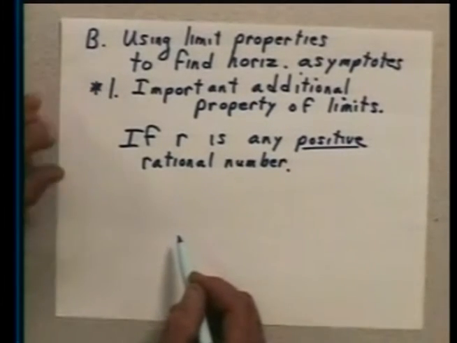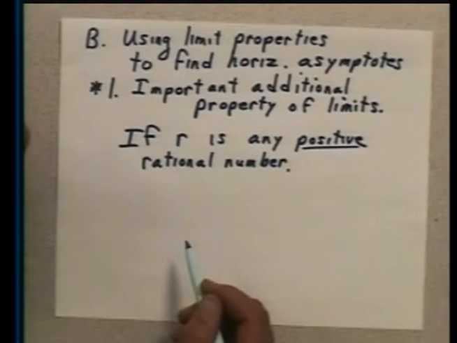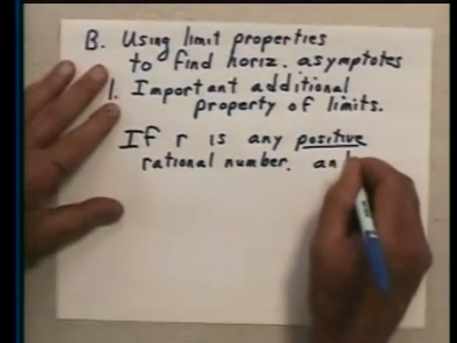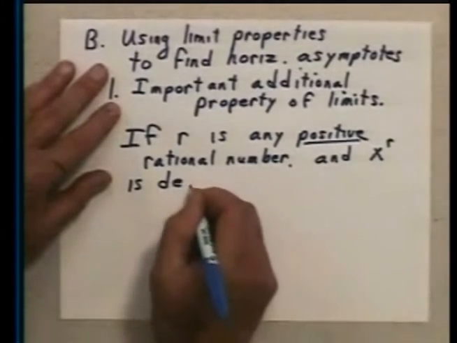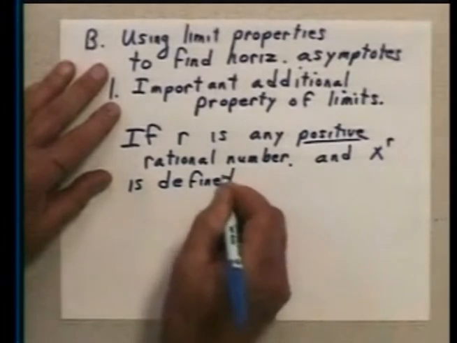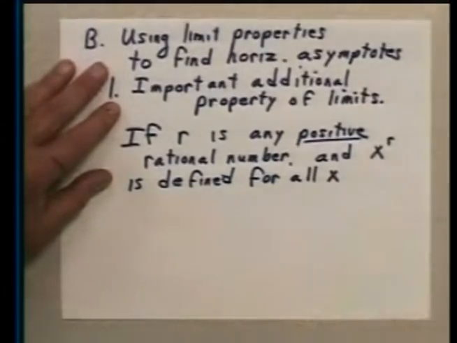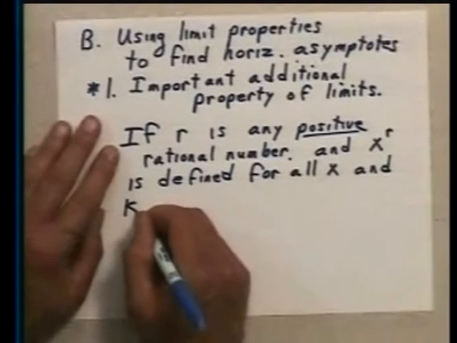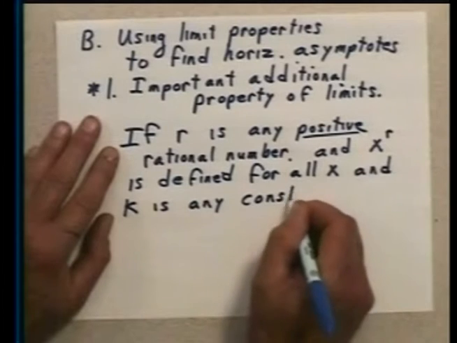So that could be something like 3, 13, 1/2, 2/3, 56/7, numbers like that. Okay? And x to the r power is defined for all x, and k is any constant real number.